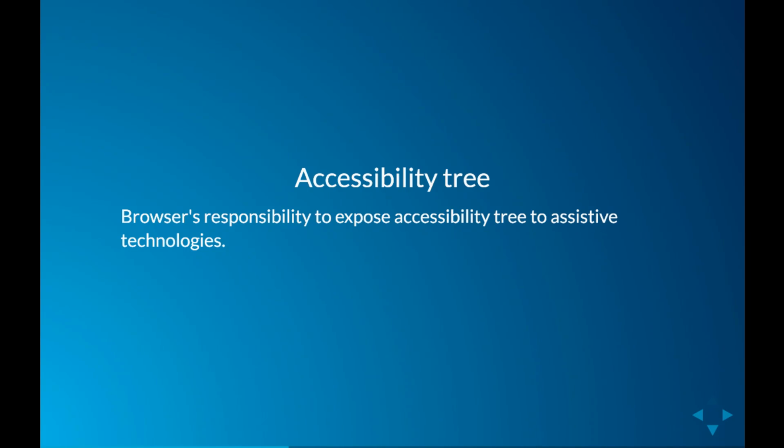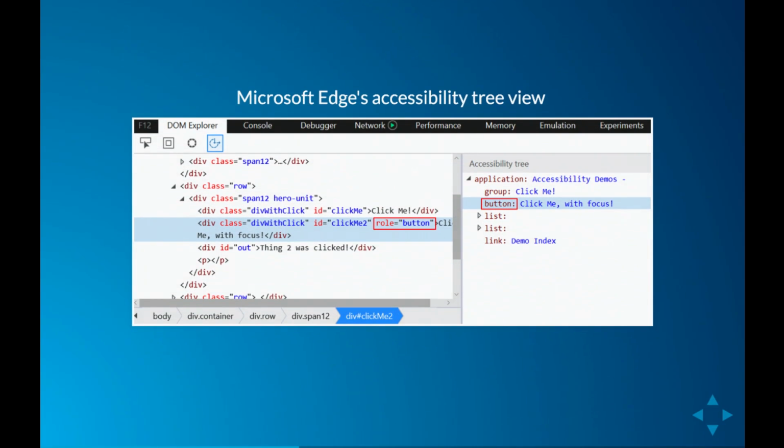There's a bunch of accessibility APIs in each browser. The screen reader uses those APIs to read the accessibility tree from the browser. For example, some browsers even have this display. In Microsoft Edge, this button here will show you the accessibility tree of the current page.